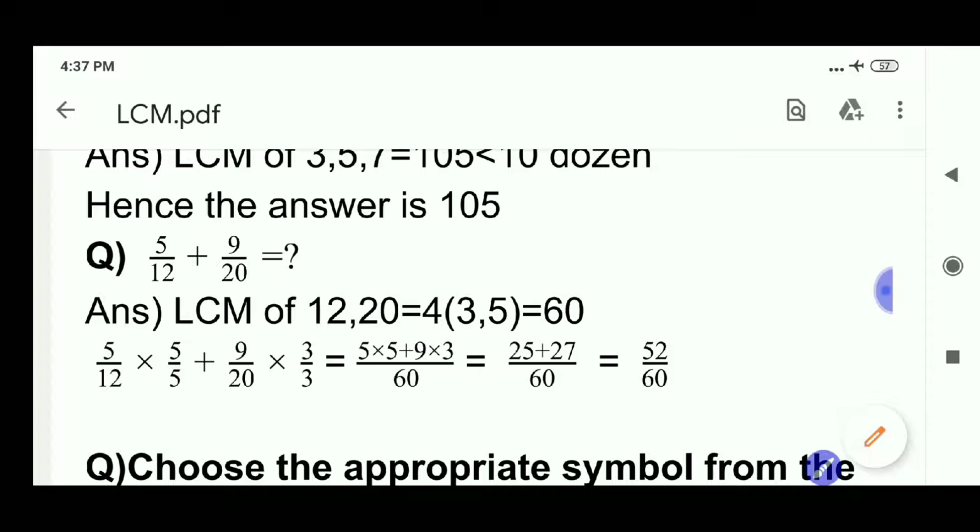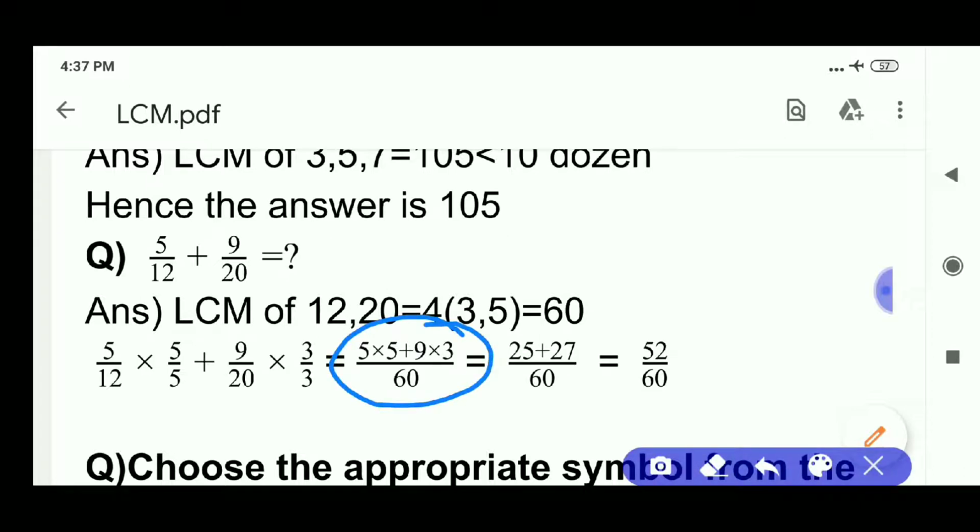Dear students, we can come to here directly. How is it possible? Observe carefully. LCM is 60. Write down 60 in the denominator. Now 12 fives are 60.